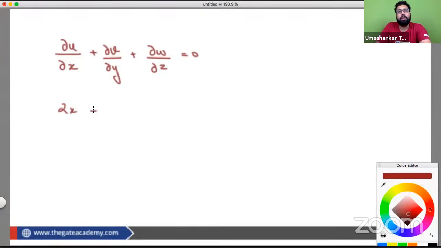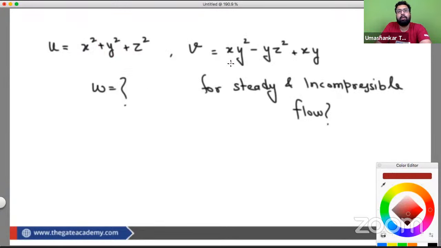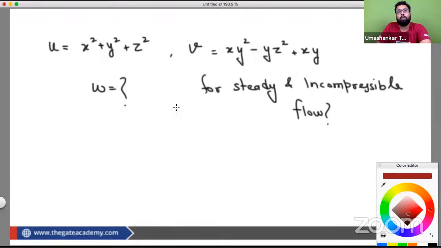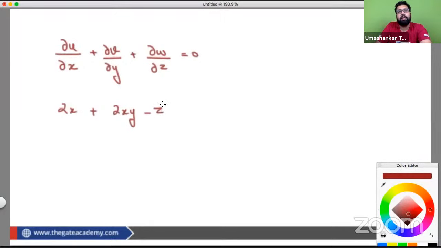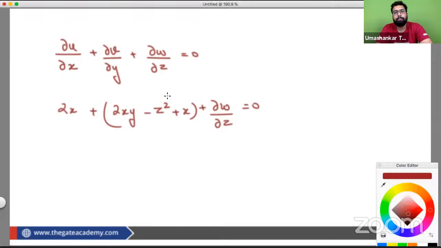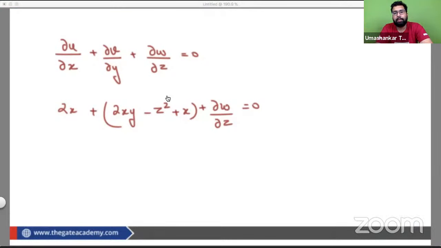And when we put v here, partially differentiating with y, we will be getting 2xy minus z square plus x, plus del w by del z. I hope it is fine to all of you. Just simply partially differentiating it. Please answer me.